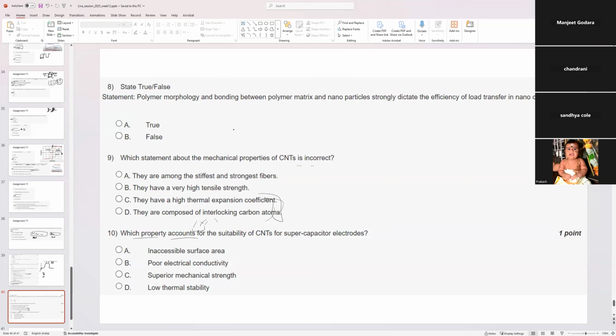Which property accounts for a suitable supercapacitor? Both.